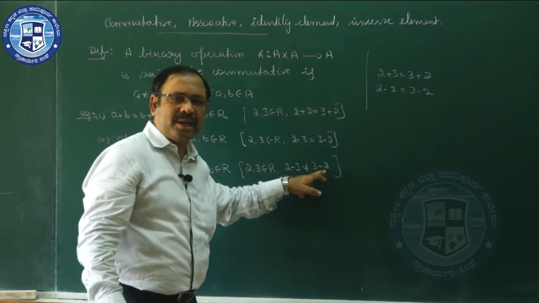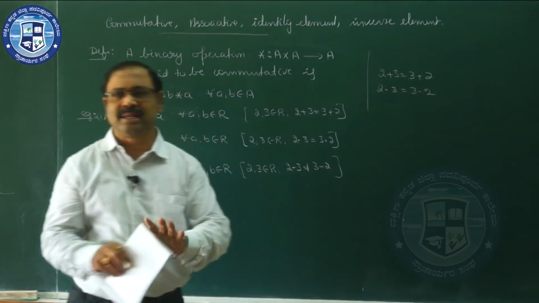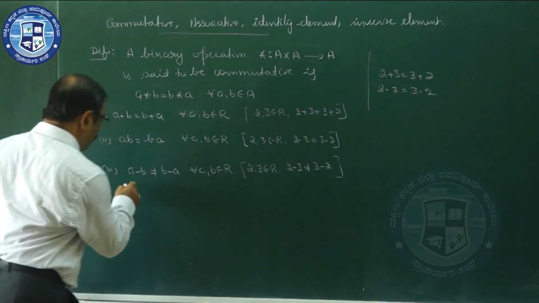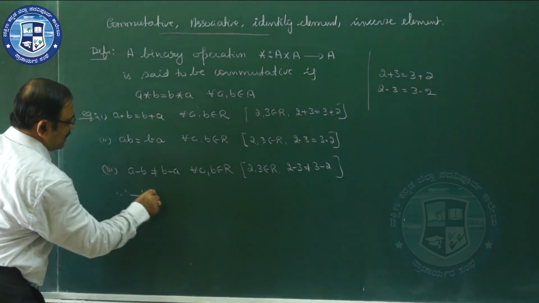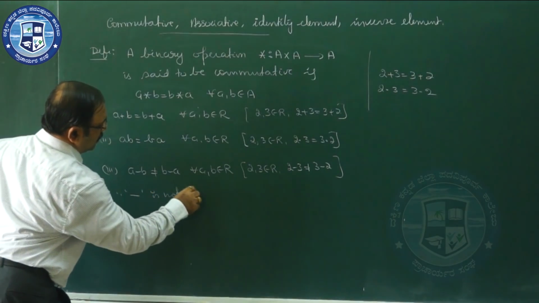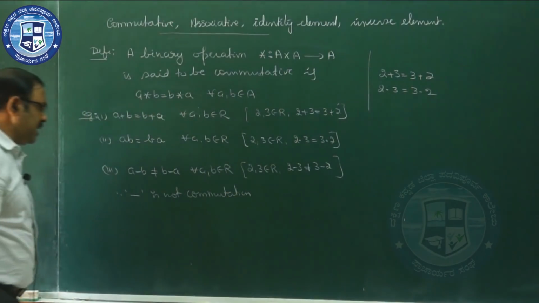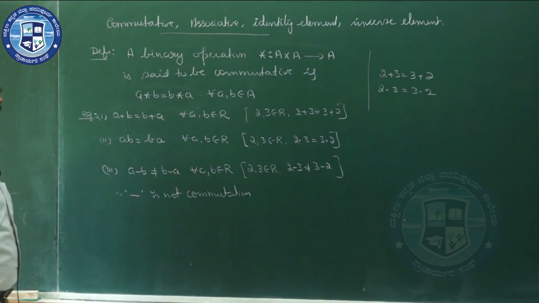And 3 minus 2 is plus 1. So 2 minus 3 is not equal to 3 minus 2. Therefore, minus is not commutative. So here we read that plus is commutative, into is commutative, and minus is not commutative.